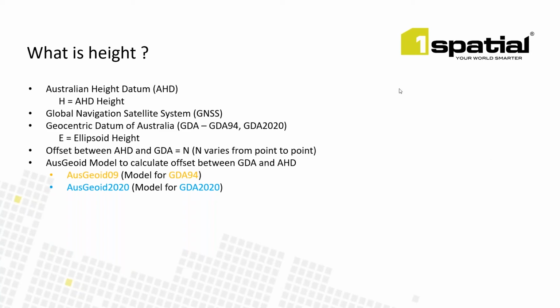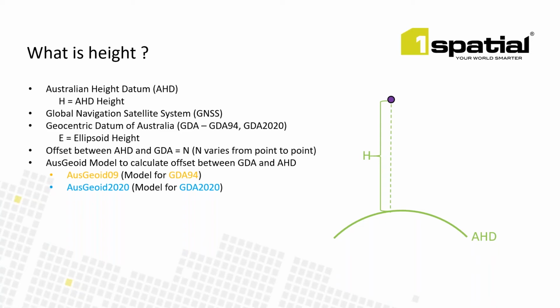Starting with the basics, in most cases we refer to height as the height from AHD, the Australian Height Datum. So if this is the point that we consider above the Earth, we measure the height h from the Australian Height Datum to that point. However, nowadays we use global navigation satellite systems to collect data.